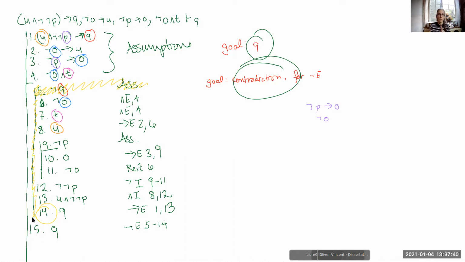Yay! If you like shorter proofs, you might also be curious about this little trick that we did here.